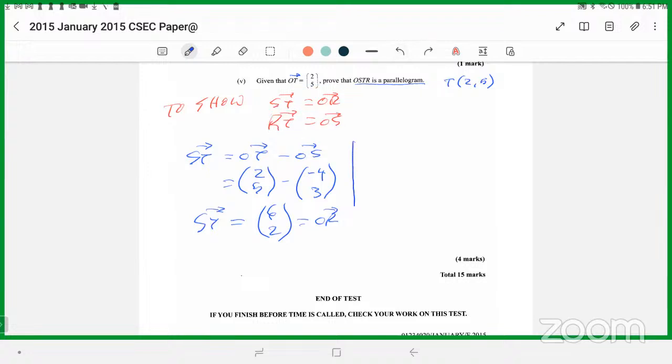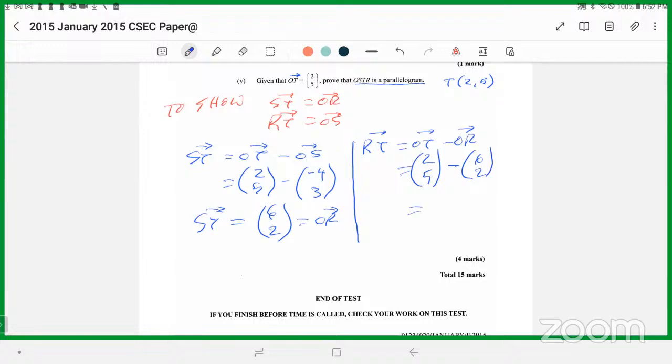Let's do it here, the RT now. RT is actually OT minus OR. The OT again is 2, 5, and the OR is the same 6, 2.